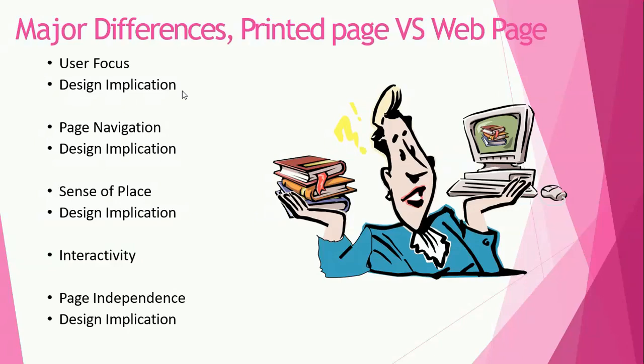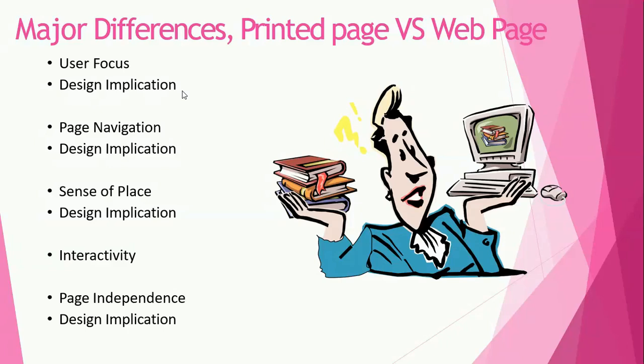Okay, next is interactivity. Printed page design involves letting the eyes traverse static information, selectively looking at the information and using spatial combinations to make page elements enhance and explain each other. So while reading printed pages or documents, you get static information.